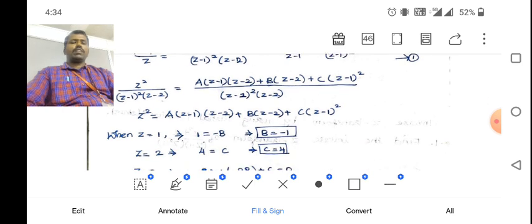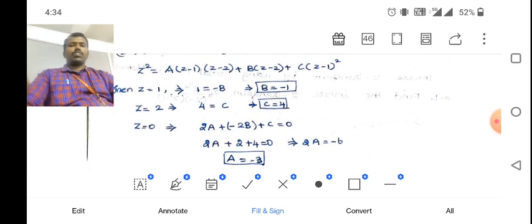z square equal to a into (z minus 1) into (z minus 2) plus b into (z minus 2) plus c into (z minus 1) the whole square. When z equal to 1, it implies 1 equal to minus b, therefore b equal to minus 1. Next, when z equal to 2, it implies 4 equal to c, then c equal to 4.